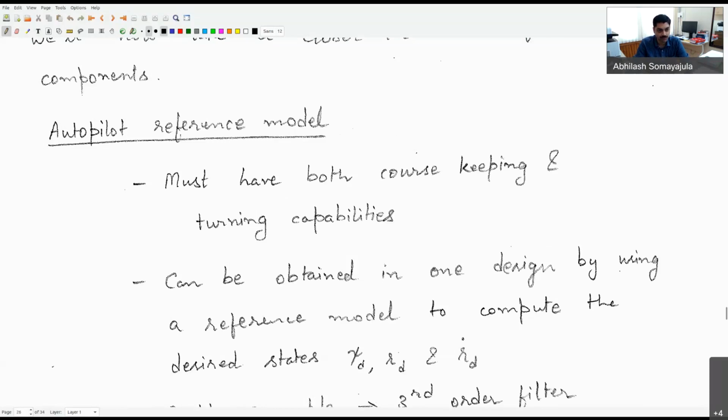So it should provide us with a desired heading angle, desired yaw rate, and the desired acceleration of the yaw rate. These quantities should be provided by our so-called reference model. So if an operator input is provided to it, the reference model will give out the desired values of these outputs. Then our control system will try to track those desired values.